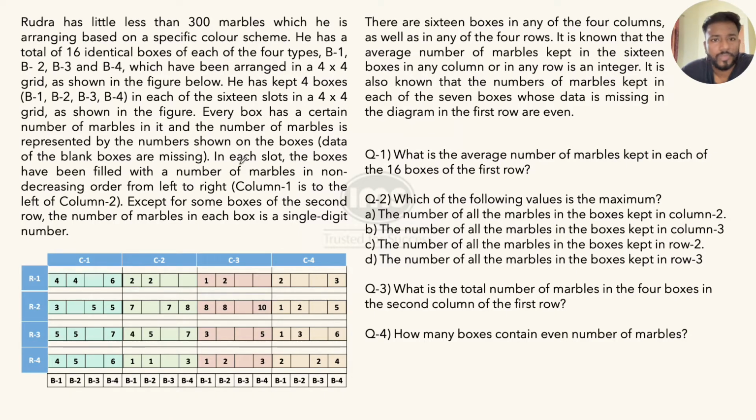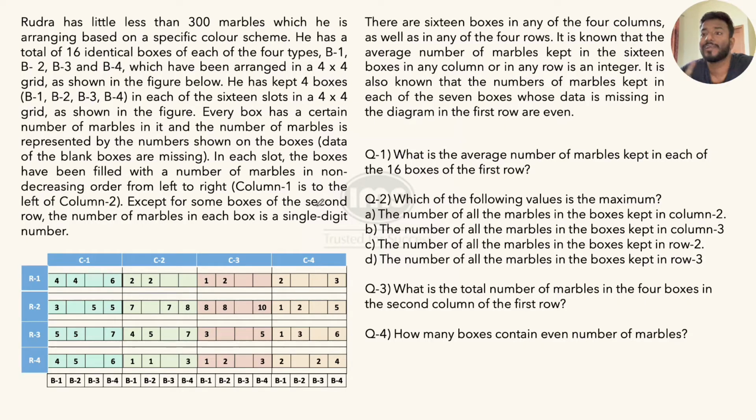Next, in each slot, the boxes have been filled with a number of marbles in a non-decreasing order from left to right. Now, when we talk about any slot, say the C1 column and R1 row, it has 4, 4, this is currently unknown, followed by 6. So he's saying the boxes have been filled with a number of marbles in a non-decreasing order.